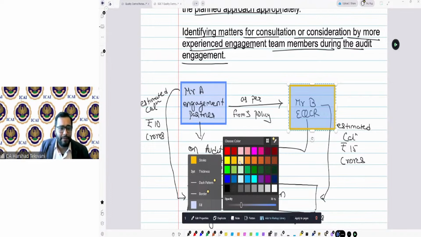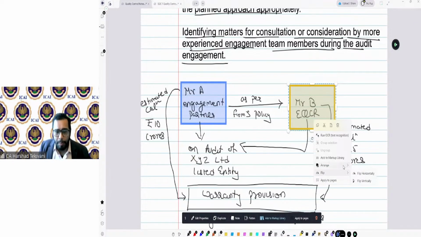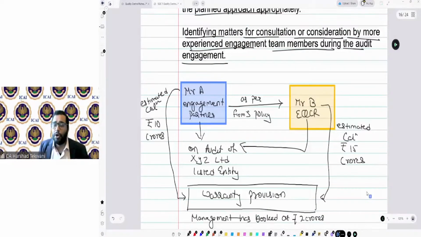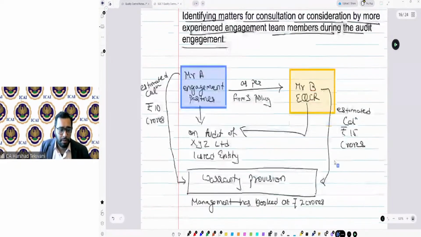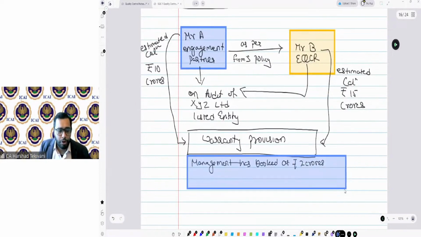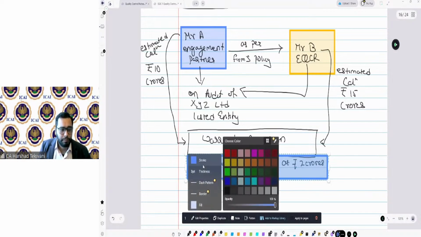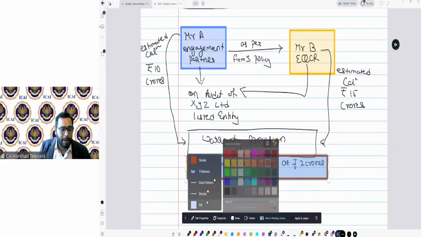Let's say, for example, I say Mr. B should prevail, like he's the engagement quality control partner. Then what about Mr. A's 10 CR estimation or the audit team's estimation? And management has a completely different approach. Management is saying that the warranty should be only 2 CR. So now here we have a difference of opinion. This is a scenario known as a difference of opinion.